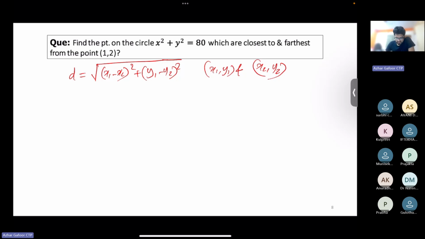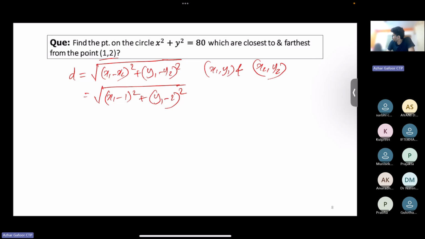So let us substitute that. Our function will be (x1 minus 1) whole square plus (y1 minus 2) whole square. But we have to maximize or minimize this, so we have to find both the closest and farthest point from (1, 2).